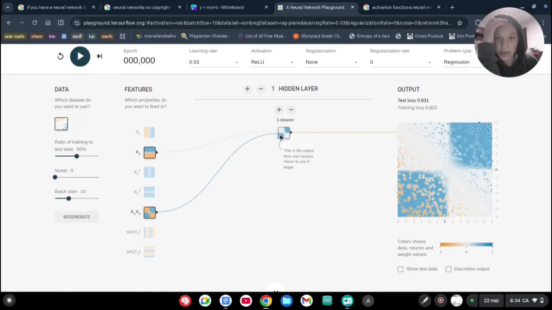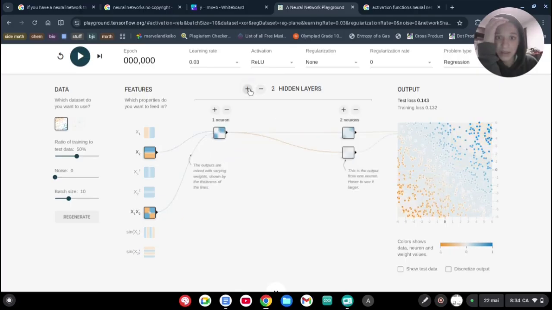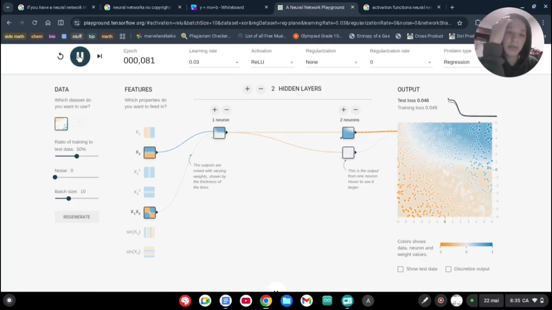How do we do this? Oh goodness. Maybe we'll add some neurons. I wasn't even playing it before. Okay, this is interesting.